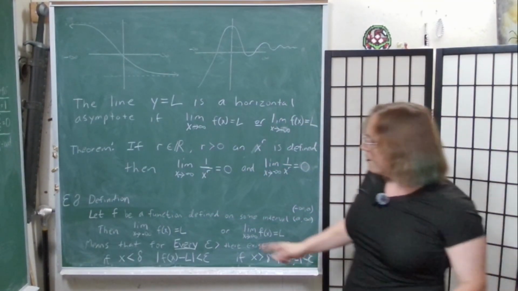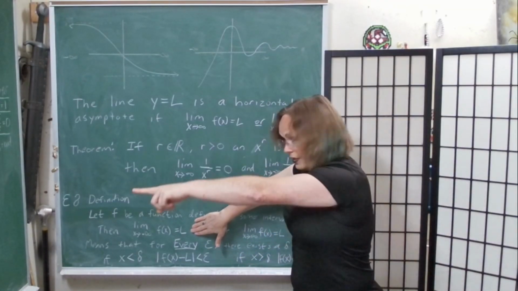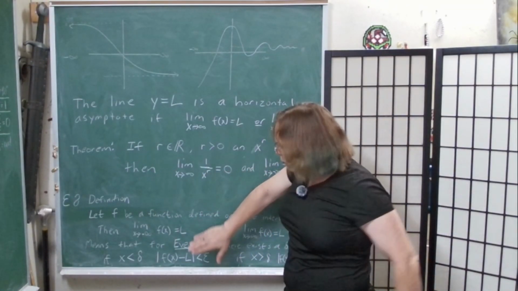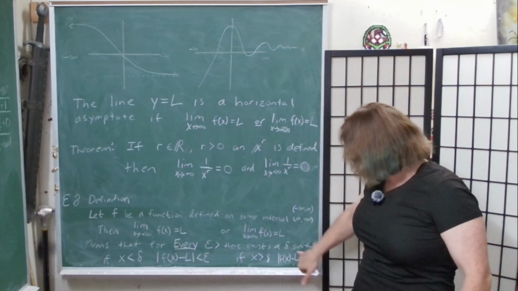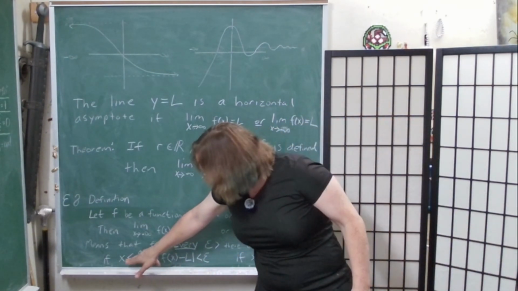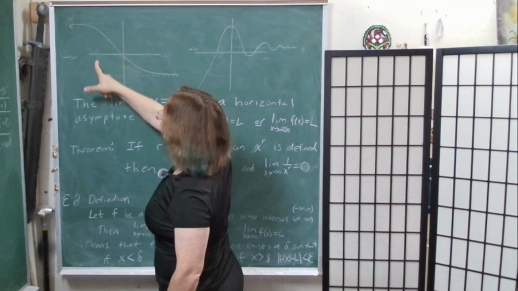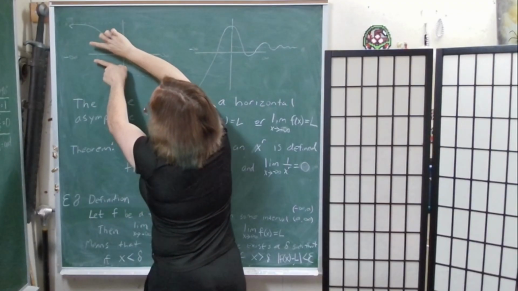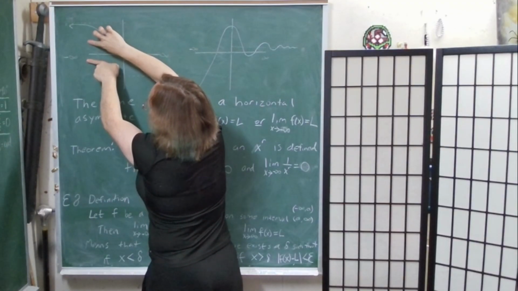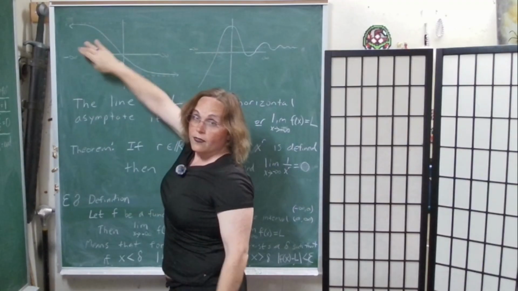If we're talking about negative infinity, going to the left, then for every epsilon greater than 0, there exists a delta such that when x is less than delta, we basically pick a point, and as long as x is over here, we will be within that epsilon.